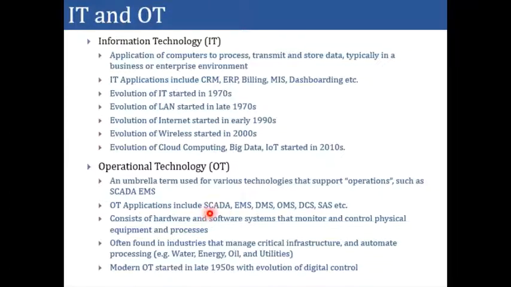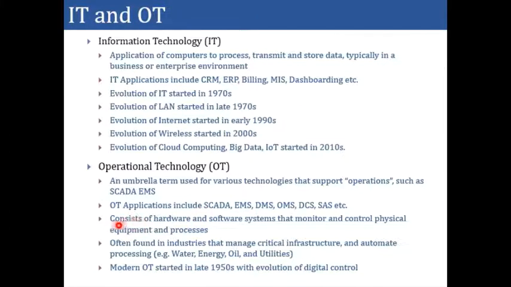Mostly the operational technology applications include supervisory control and data acquisition system, energy management system, distribution management system, outage management system, distributed control system, or substation automation system, and so on. You will see that all those applications are directly linked to the operation of the power system network.